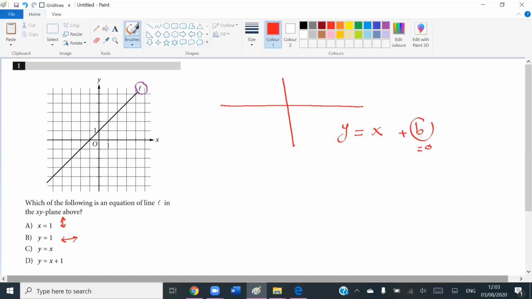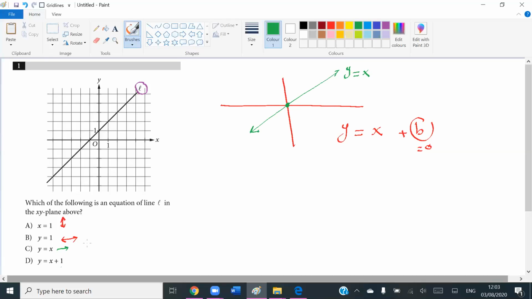It means I don't have any y-intercept other than the origin. So the line will move through this point. Look at the green line. This line bisects quadrant 1 and quadrant 3, and this is y equals x. I don't have any y-intercept of 1, so choice C is also wrong.